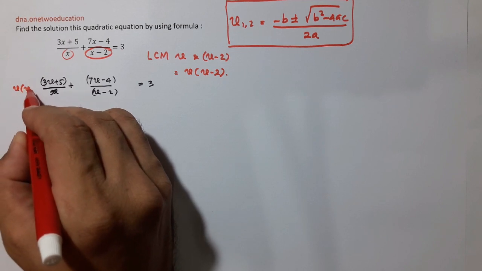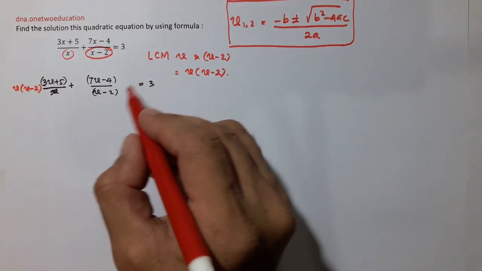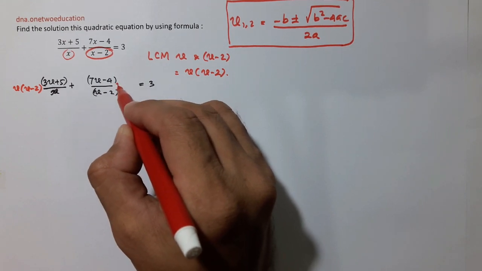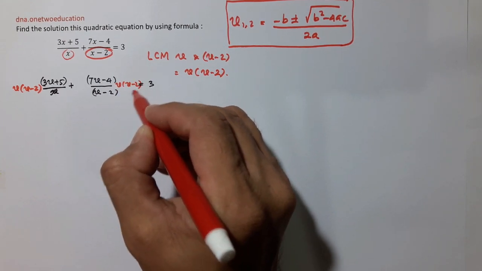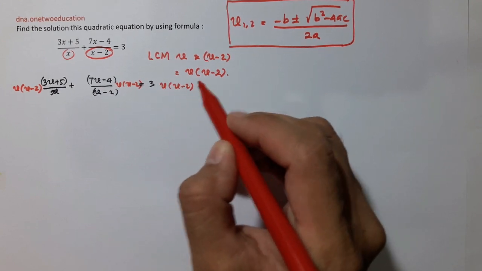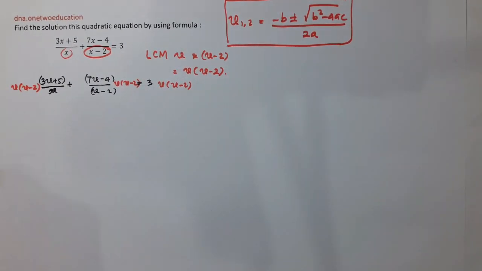So x minus 2 here, so I put x minus 2 here, and x minus 2 here, right?